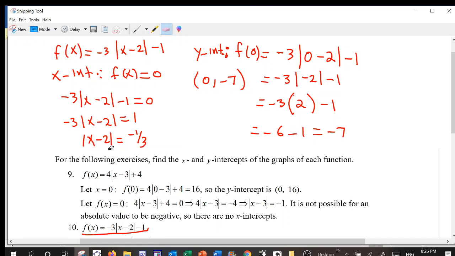Now, can this be true? Can the absolute value of something be a negative number? No. So this has no solution. What does that mean? Well, it means that it doesn't have x-intercepts, if we did everything correctly. Did I do everything right? Yeah, it is negative 3.